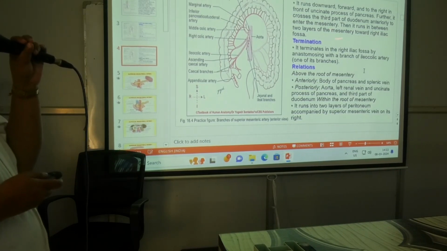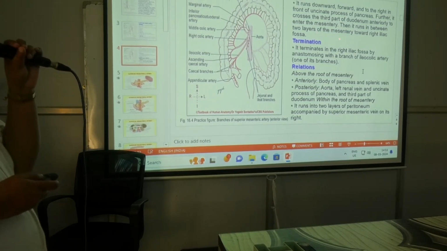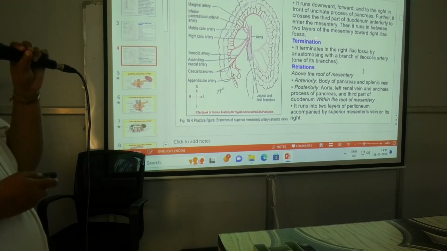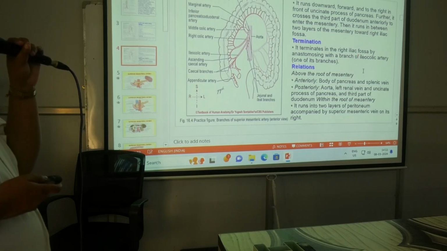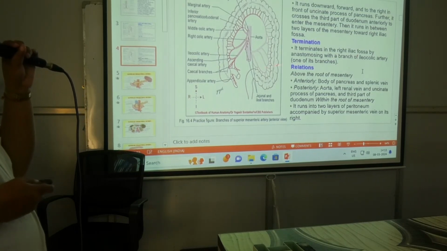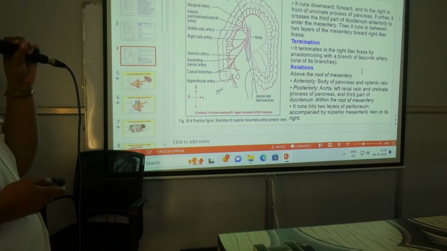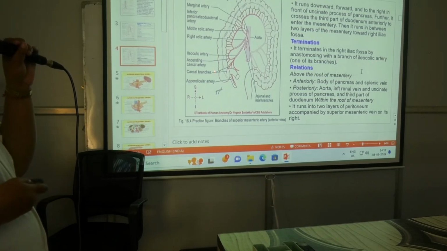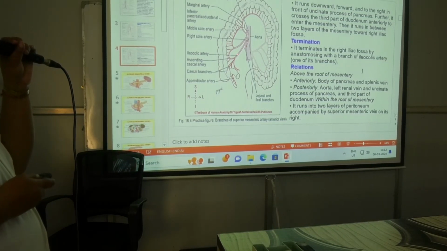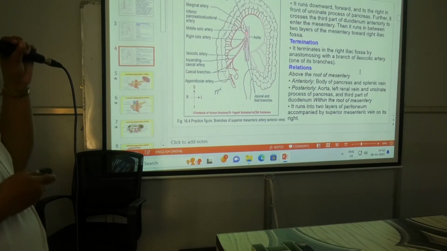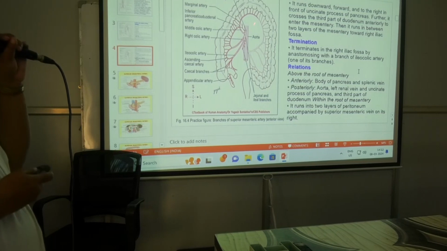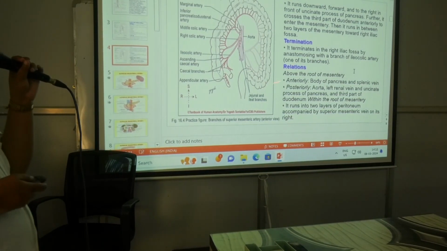Okay. So yesterday we have seen the mesentery and the superior mesenteric artery was entering the mesentery. How does it terminate? It terminates in the right iliac fossa by anastomosing with the branch of the ileocolic. This is the ileocolic, the descending branch of the ileocolic anastomosing with the terminal branch of this superior mesenteric artery.